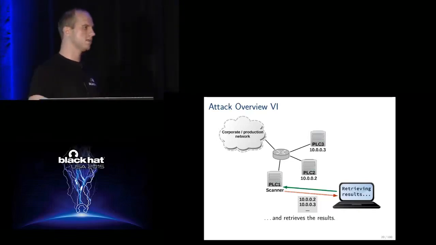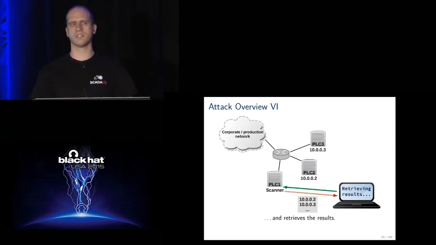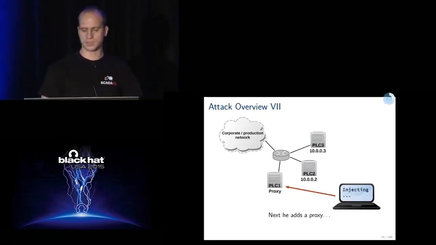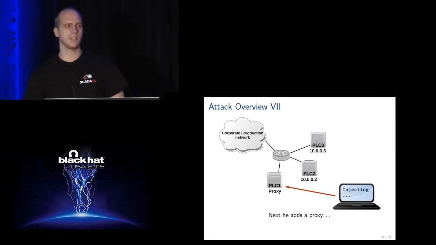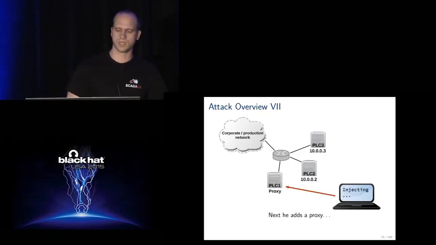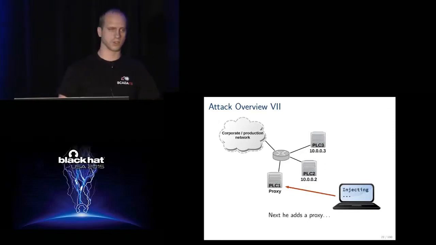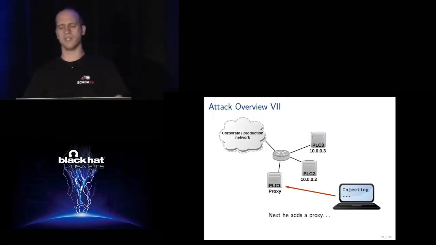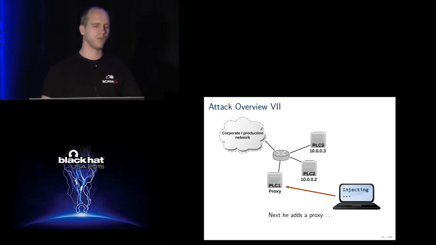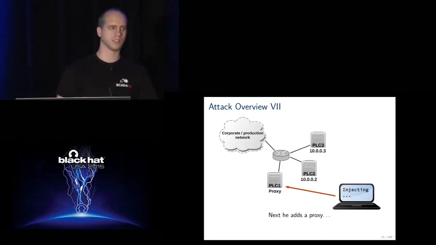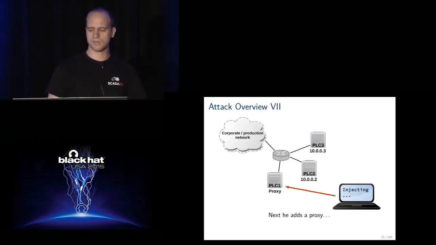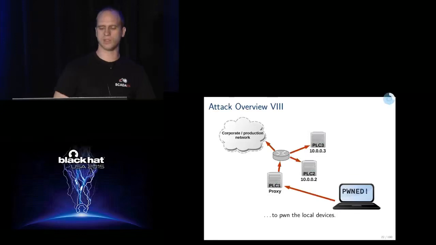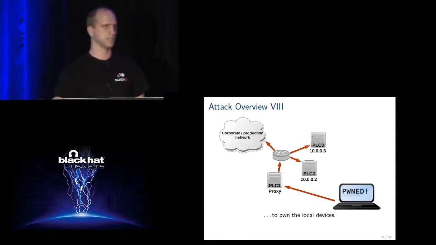But getting information of a network, we thought, is not enough. That's why we have implemented in STL a SOCKS proxy server, which now is able to run on a PLC. So the attacker now injects malware which provides a proxy, and then the attacker can use the PLC proxy as a gateway for accessing all other devices in the local production network.